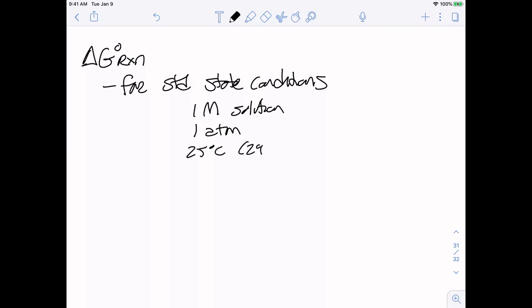What we're going to do in this section is relate free energy changes to equilibrium constants. At standard state, delta G naught actually relates to K. It's used to predict reactant or products favored at equilibrium. K being my equilibrium constant, right?